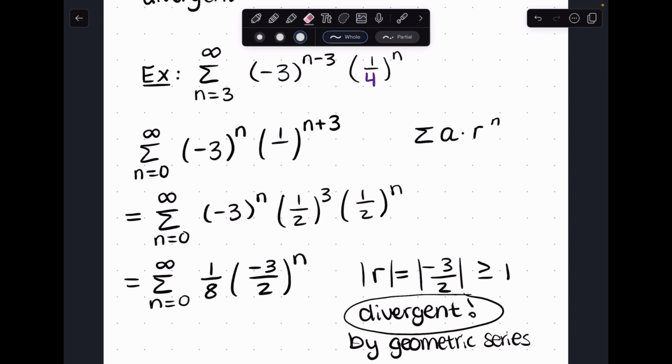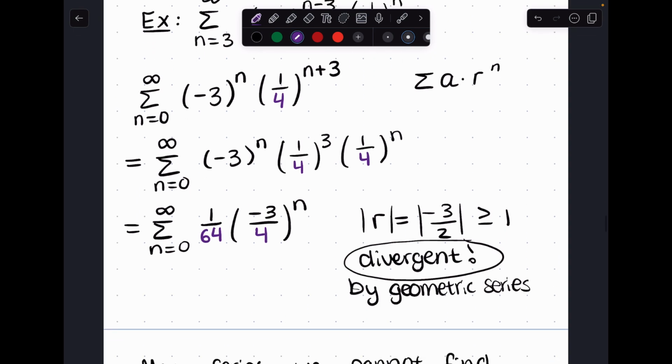We would run through the exact same rearrangements, but anywhere I had a 2, that would become a 4. So I'd have 4, 4, 4. And then we'd have a 64 here.